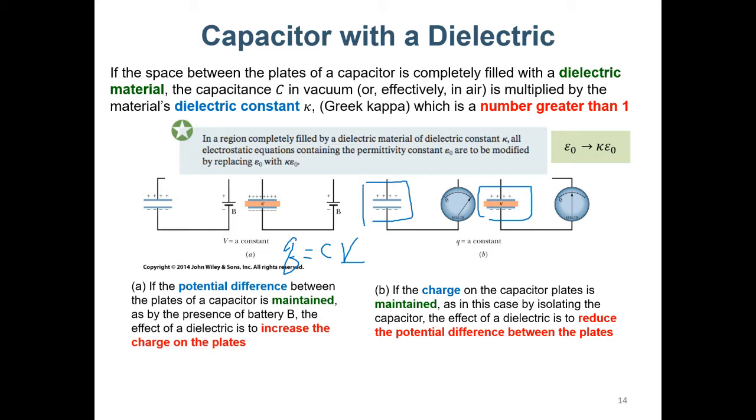Here Q is constant because you disconnected the battery and the charge cannot move. If the voltage is larger for the left side, C should be smaller. For the right-hand side, V becomes smaller, which tells you that C becomes larger. So V is inversely proportional to C.